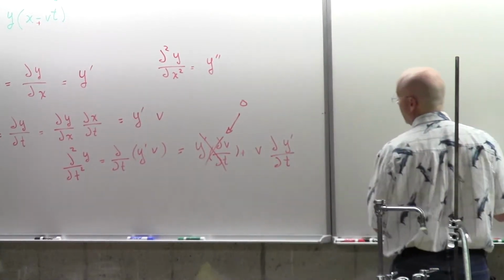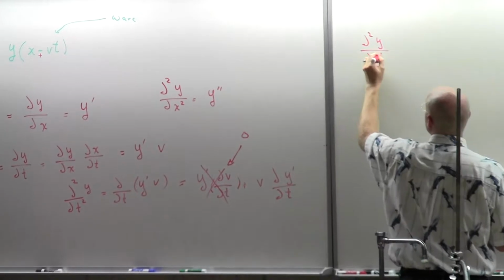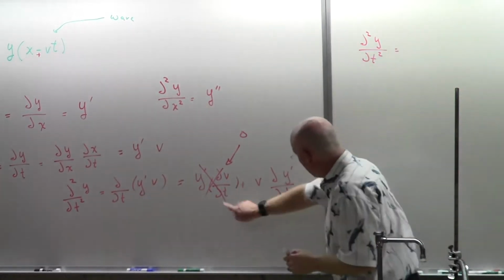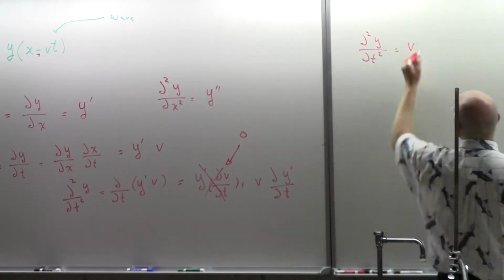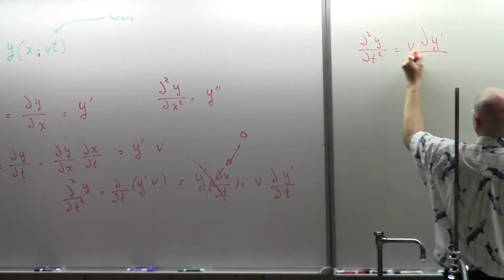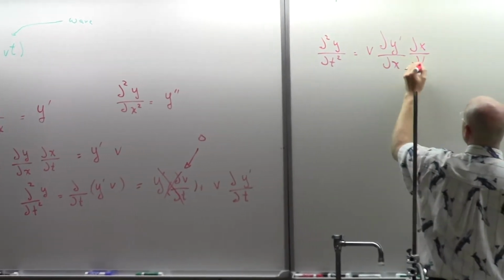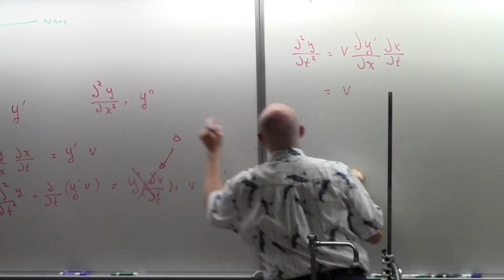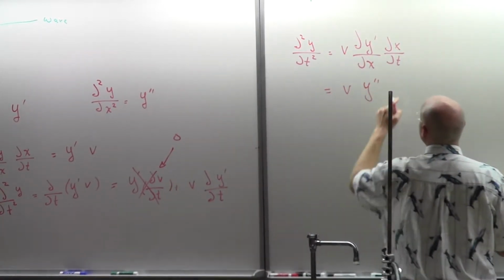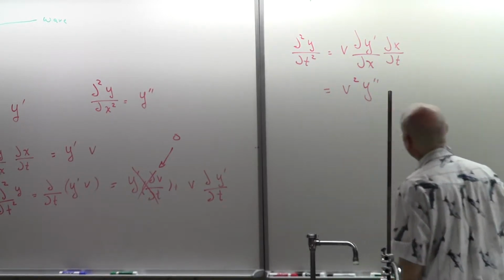Okay, fair enough. So now I have the second derivative of y with respect to time equals, that one goes away, and I have this again. I have v, and I can do the same chain rule that I did before. Y prime with respect to x, and then x with respect to time. This is what we just got done calling the second derivative. This we got done calling velocity.